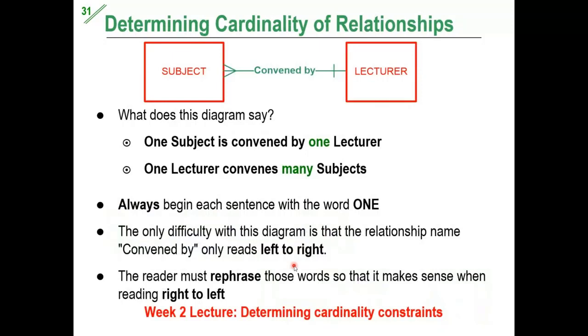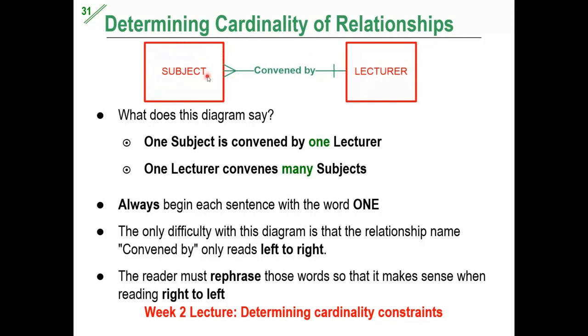So if you take that to our example, what we have discussed earlier, the subject lecturer example. Now, Shenal, this is an example that you have asked about. So a one-to-many example. One lecturer can convene many subjects.